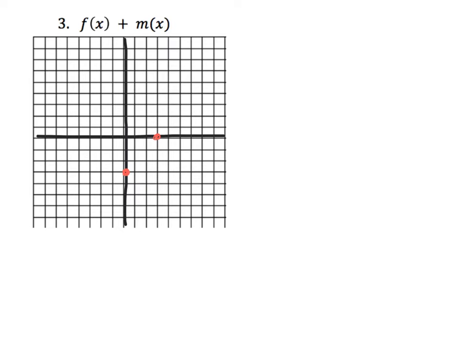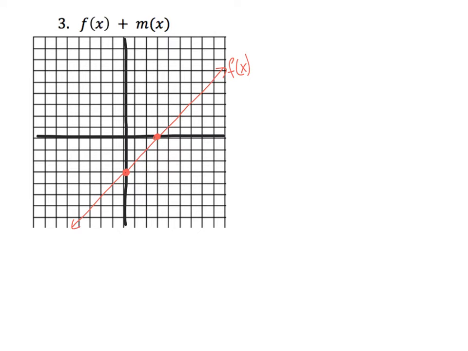That's kind of straight-ish. That's not right at all. Bear with me. Let me try that again. Good. There we go, better. Okay, so that is f of x right there.